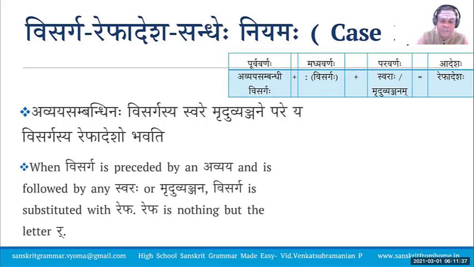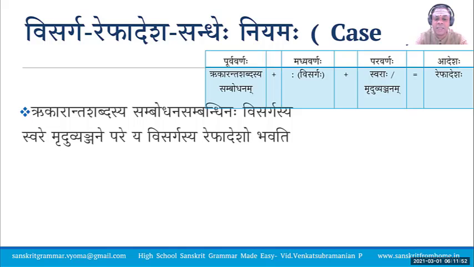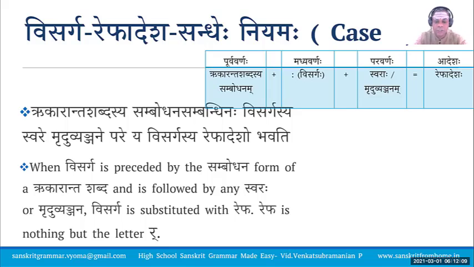Avyaya sambandhinaha visargasya sware mridu vyanjane pare विसर्गस्य रेफादेशः भवति। तृतीय नियमः केस 3 ऋकारान्त शब्दस्य संबोधन संबंधिनः विसर्गस्य स्वरे मृदुव्यञ्जने वा परे विसर्गस्य रेफादेशः भवति। When visarga is preceded by the sambodhana form of a rikaranta shabda and is followed by any swara or mriduvyanjana, visarga is substituted with repha.